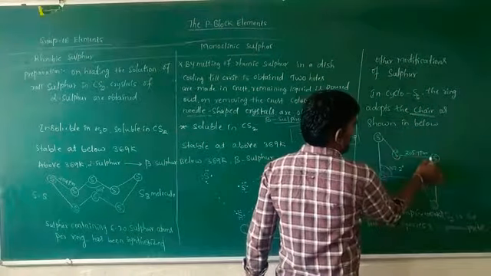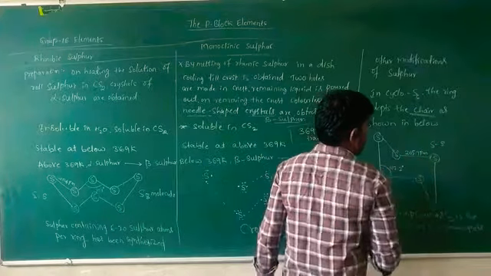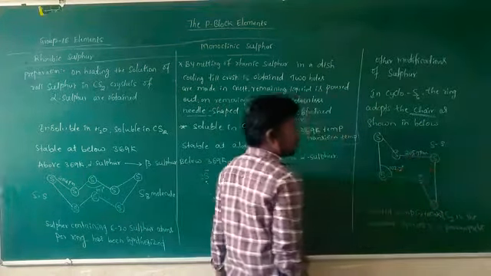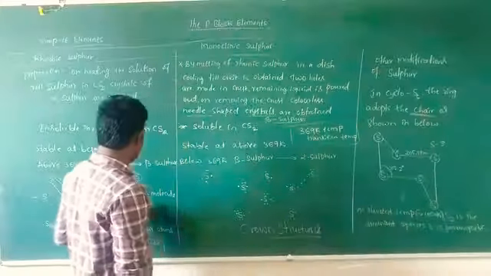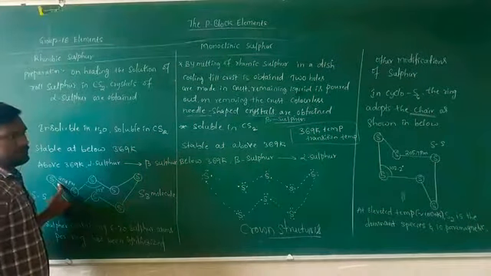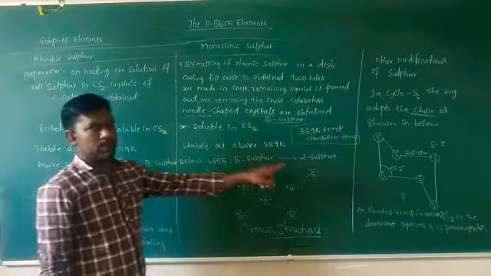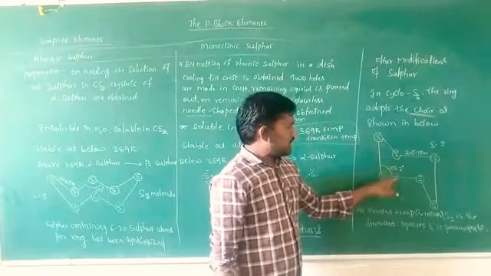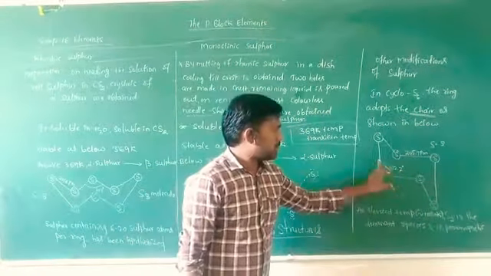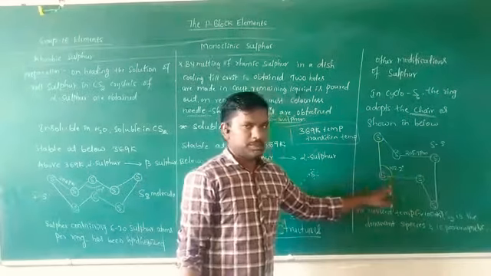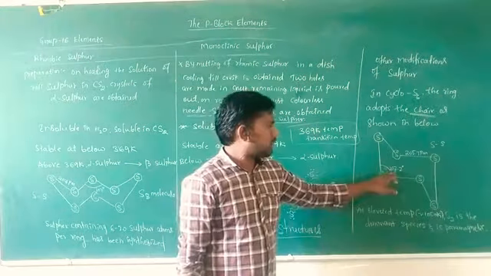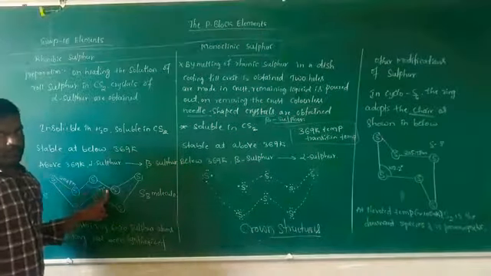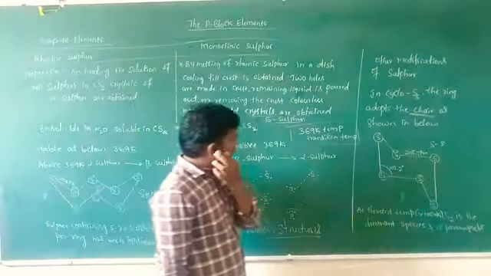The S to S single bond has a bond length of 205.7 picometer, but in the S8 molecule it is 204, so it has a longer bond length compared to S8. The bond angle is 102.2 degrees, so the bond angle decreases compared to 107.